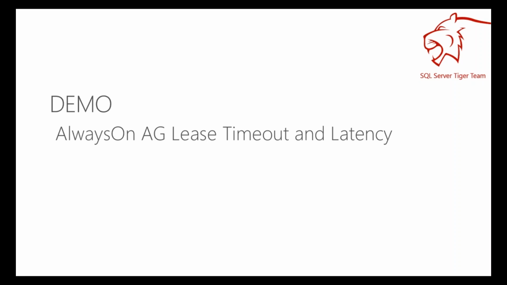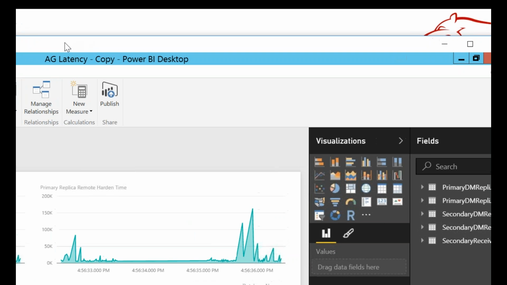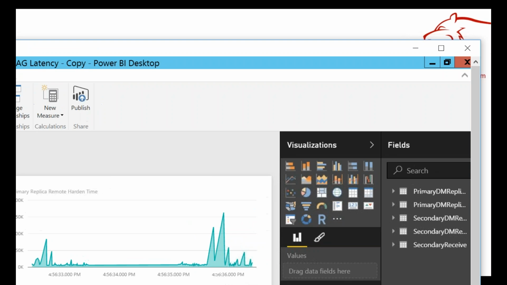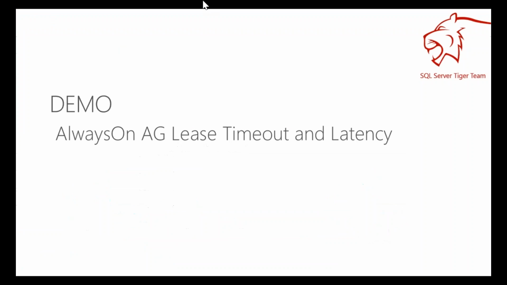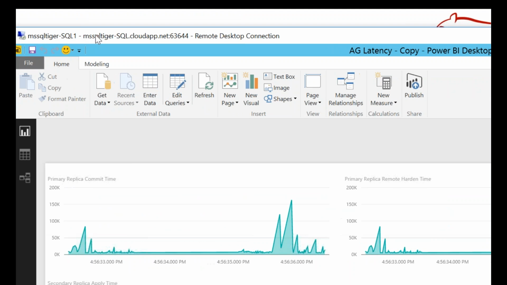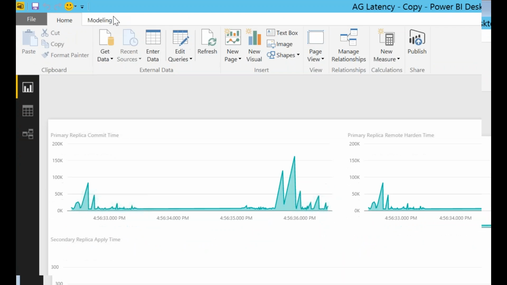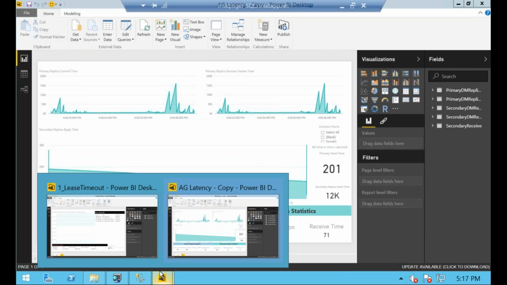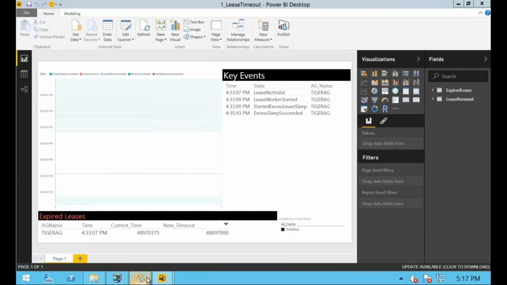So let me switch over to my virtual machine running on Azure, which has an availability group configured. So first, let's look at the lease timeout.